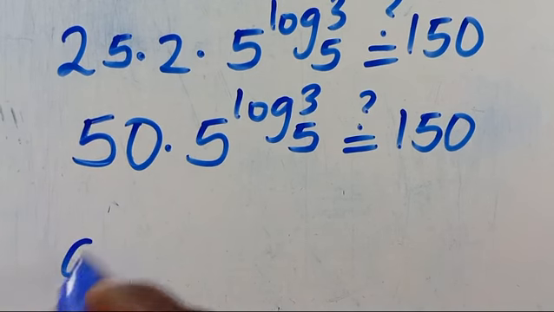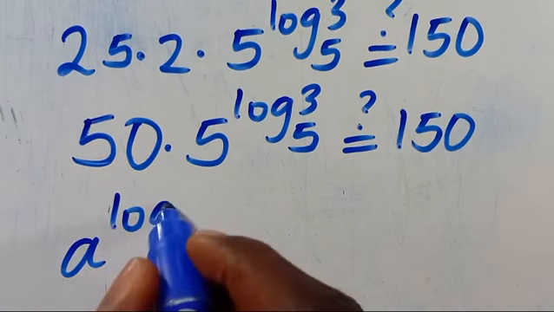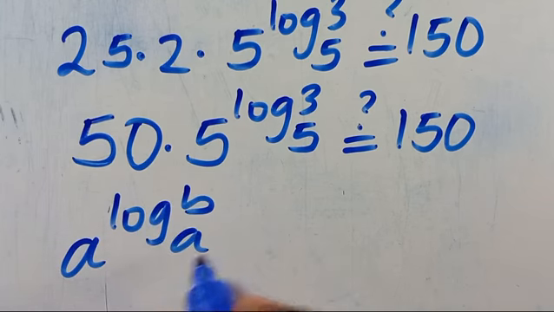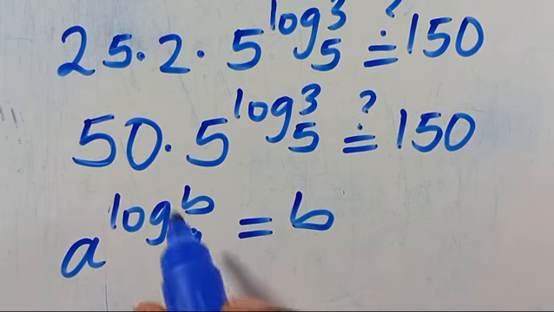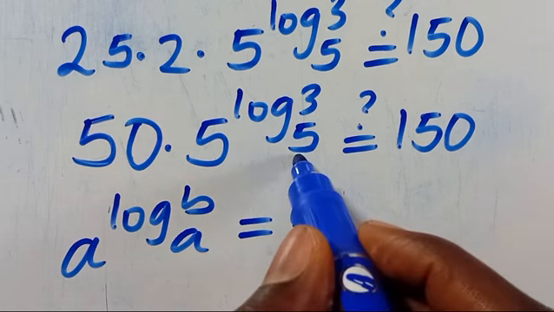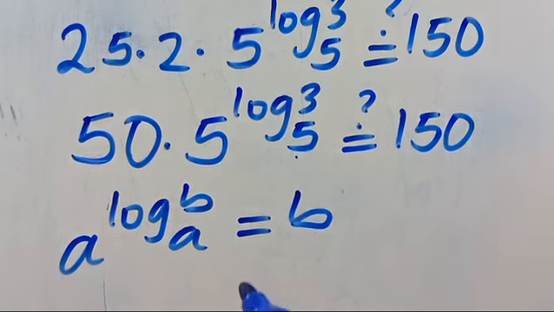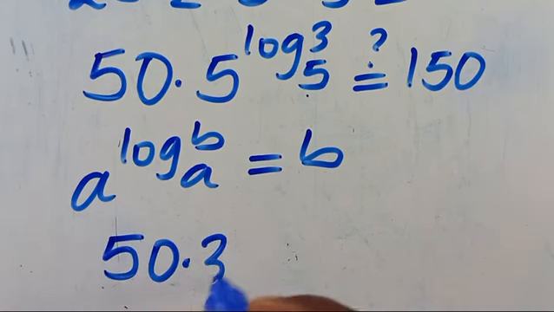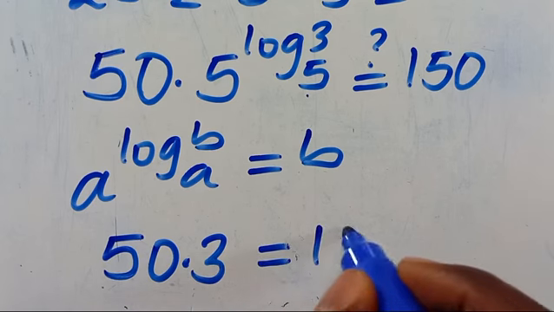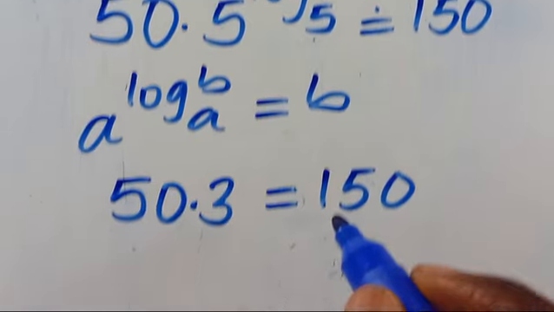Anytime you have a to the power of log b in base a, where this base and this are the same thing, the output of this expression will be b. This base 5 here is the same as this base, so the output will be 3. So definitely here will be 50 times 3, which equals 150.